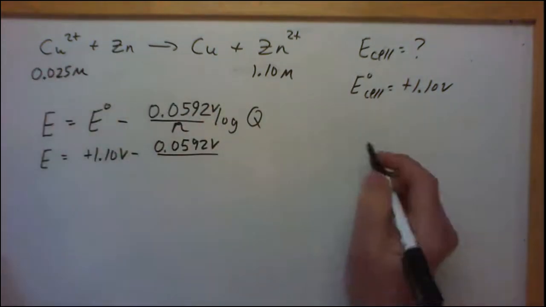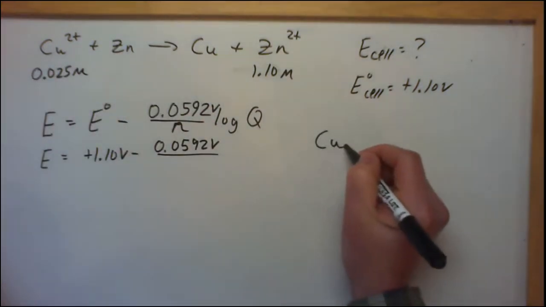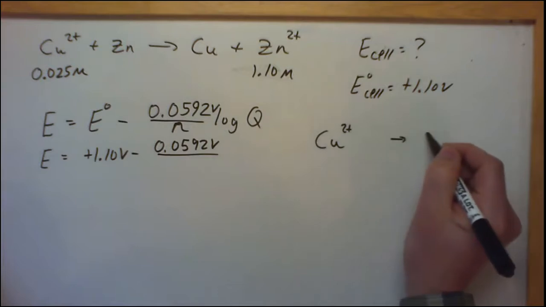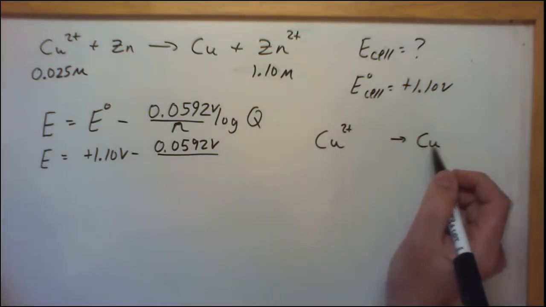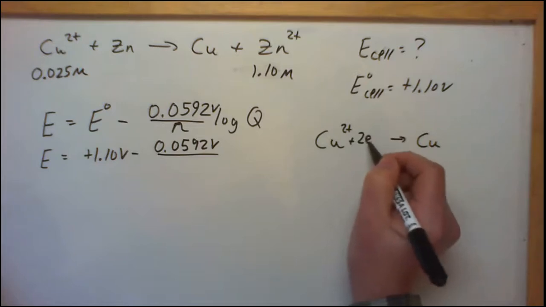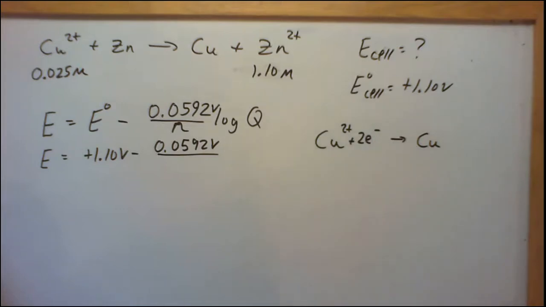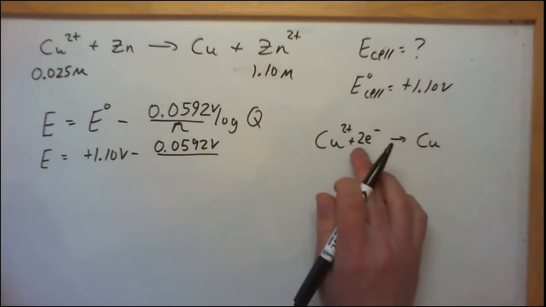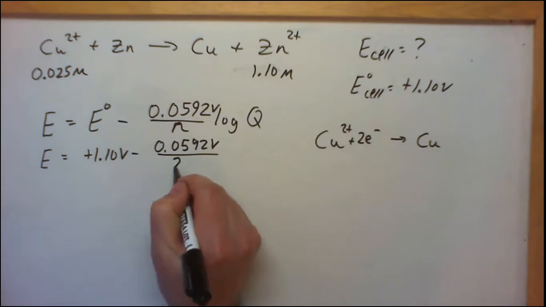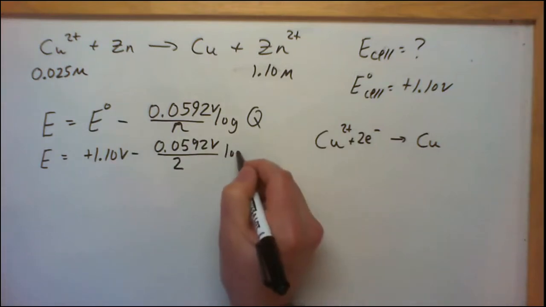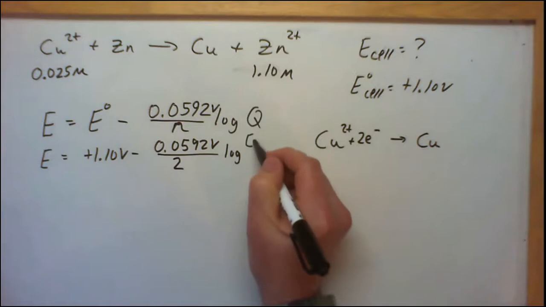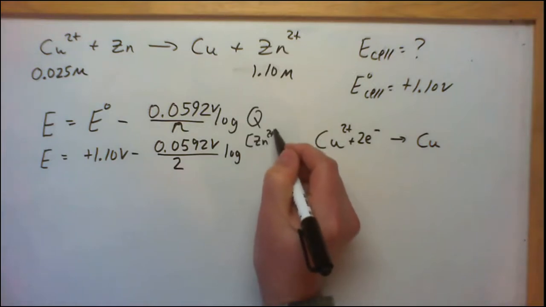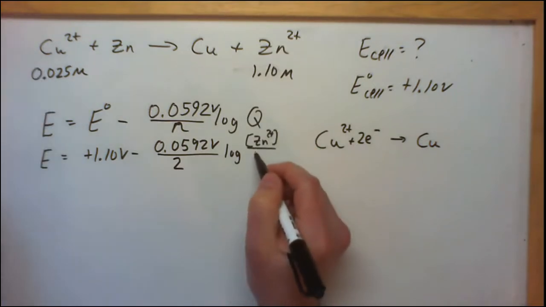If we break apart the reduction half reaction, going from copper 2+ to elemental copper, there has to be an addition of 2 electrons in order to be balanced by charge. So 2 is how many moles of electrons are involved, times the log of Q, where Q is the concentration of the product divided by the concentration of the reactant.